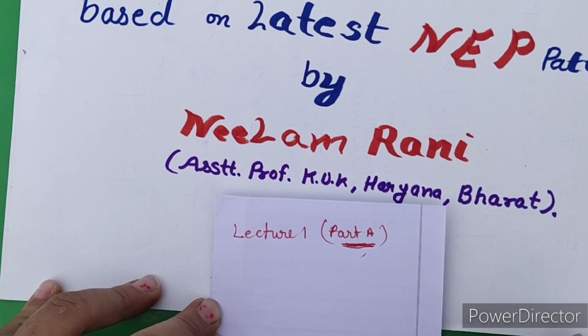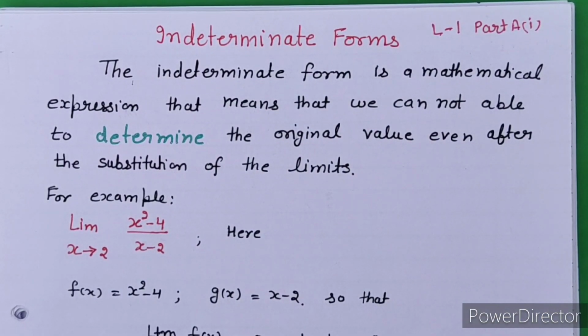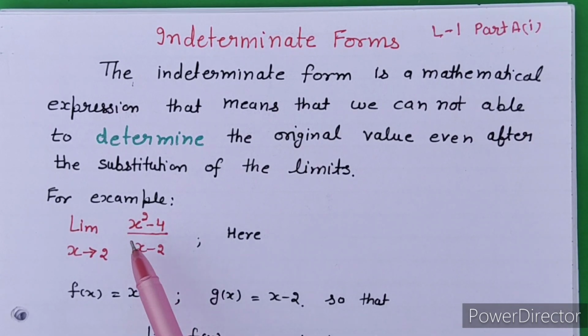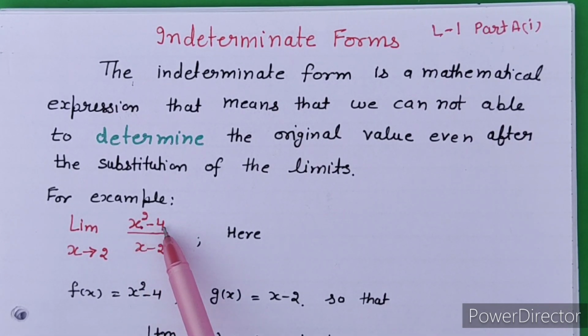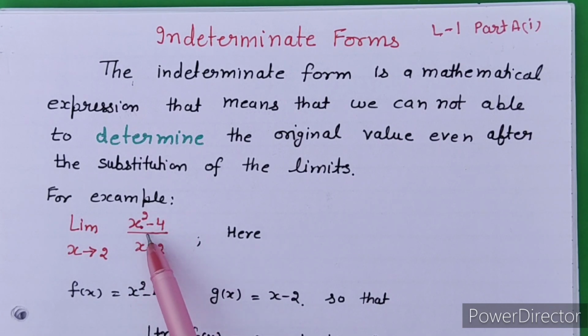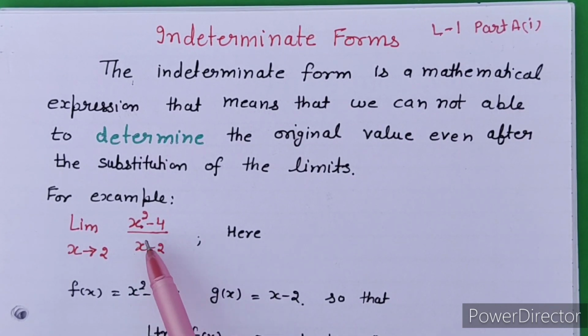So first of all, what is an indeterminate form? Suppose you are saying x square minus 4 by x minus 2 and limit x tend to 2. Here this is your numerator and this is your denominator function.